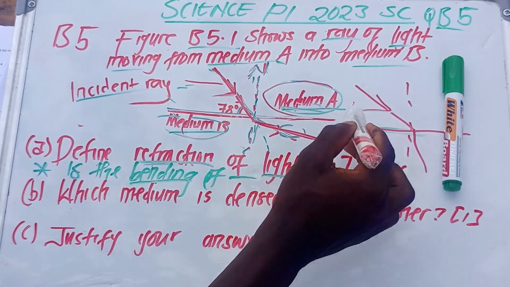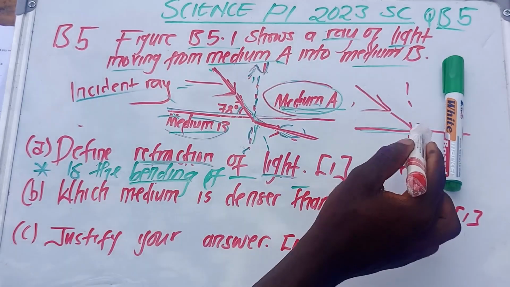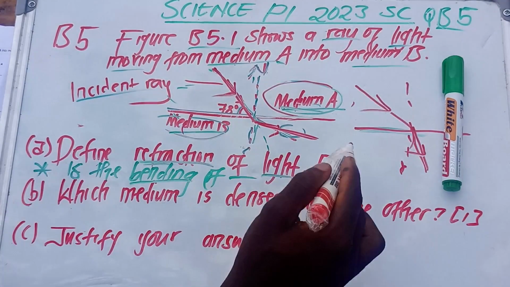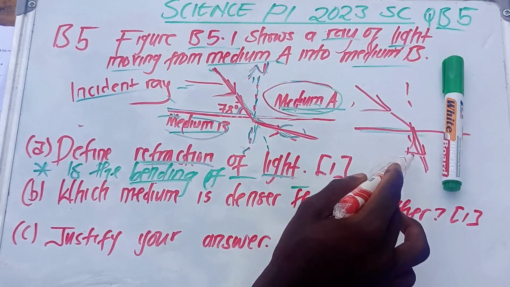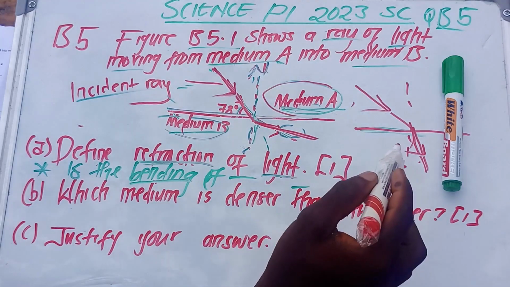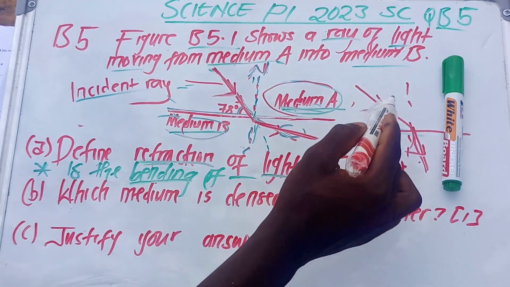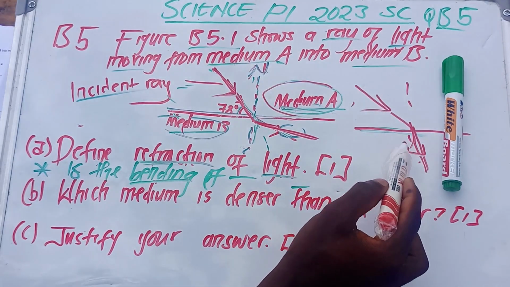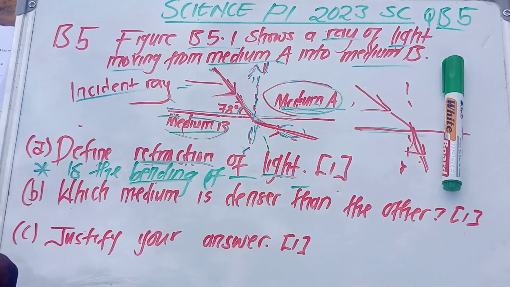But whenever you see the ray of light bends towards the normal, then just know that the medium where the ray is coming from is less dense than the other medium.